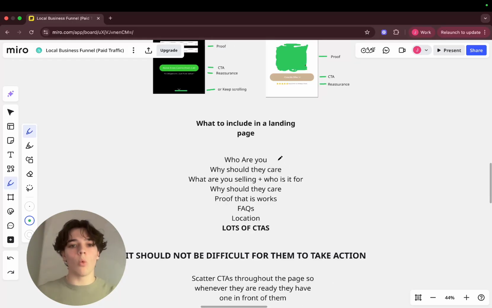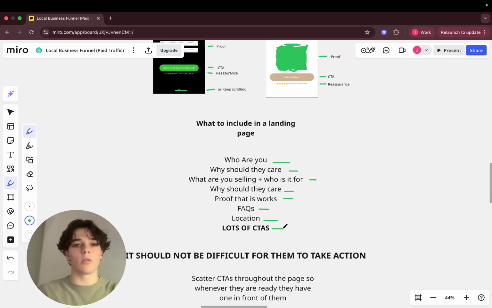For example, what you should include in a landing page is who you are, why they should care, what you're selling, who it's for, and why they should care about what you're selling, proof that what you're selling actually works or does what you say it does, frequently answered questions, your location, and a lot of CTAs.